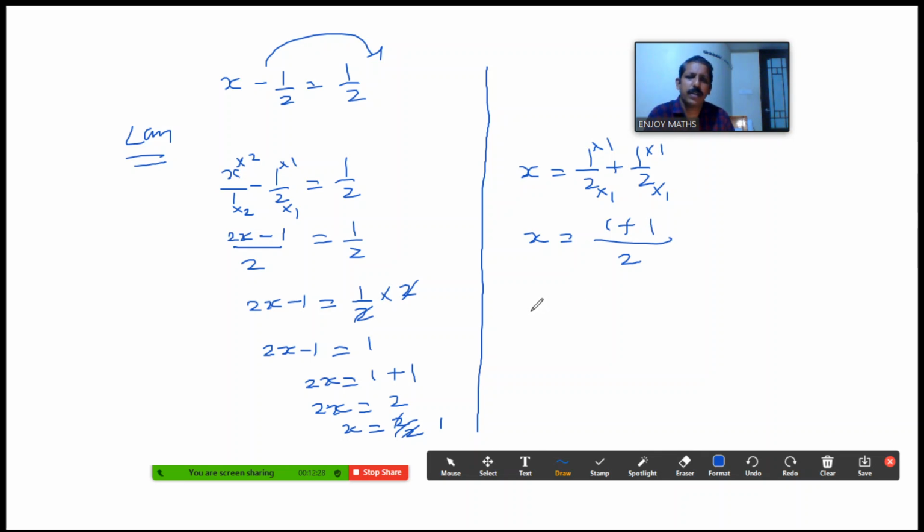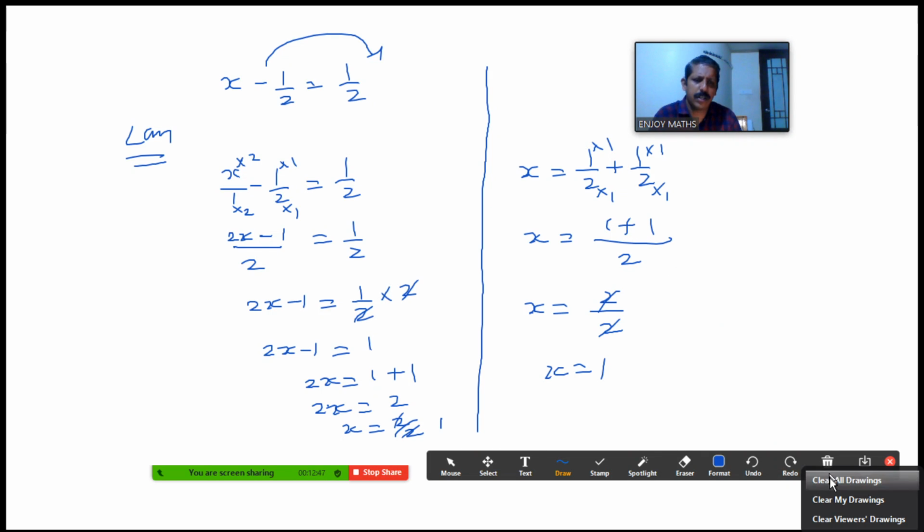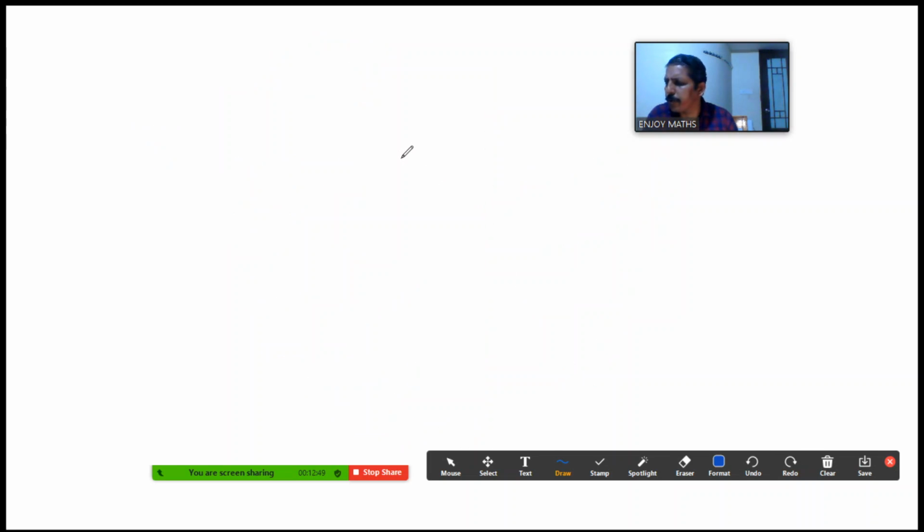So x is equal to 2 by 2. So I cut off. So x is equal to 1. So bringing this one this side, or keeping left hand side and doing the LCM, see, this is more work. This is simple, but it doesn't happen always. That's the point, in two ways you can do it.